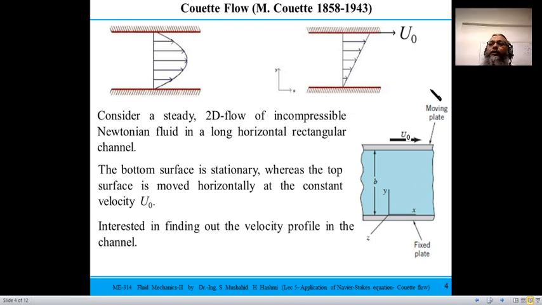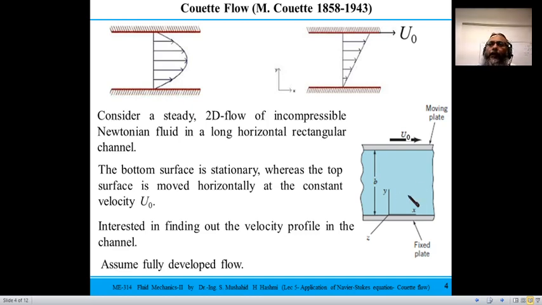What we are interested in, like the previous problem, is the velocity profile. Here also we are interested in how the velocity variation is taking place. Not all layers of the fluid would be moving with the same speed; there would be a certain velocity distribution, so different layers of the fluid would be moving with different speeds.